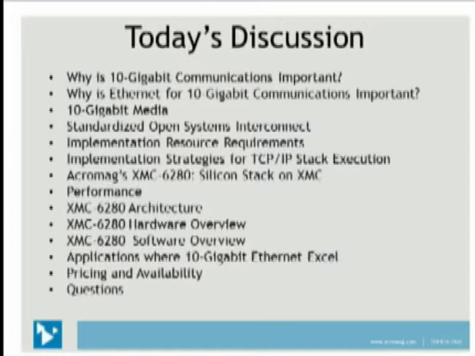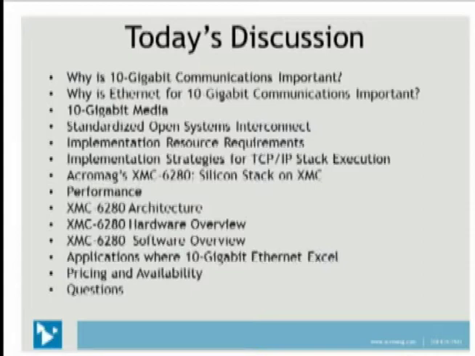We'll talk a little bit about the media for 10 gigabit Ethernet, the standardized open systems interconnect, which many of you should be familiar with. It's called OSI. The implementation resource requirements to drive an Ethernet port, and more specifically a 10 gigabit Ethernet link.